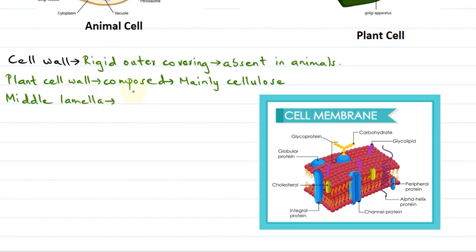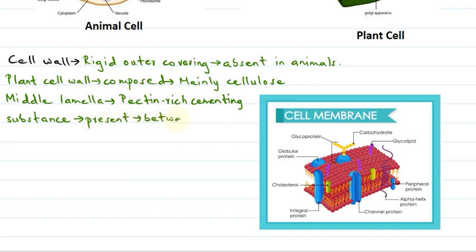It is a pectin-rich cementing substance that is present between the walls of adjacent cells. This is known as the middle lamella.